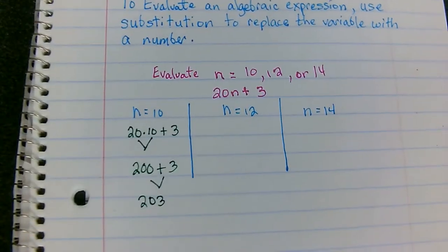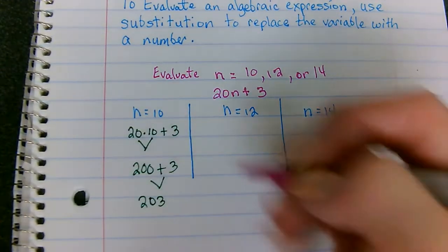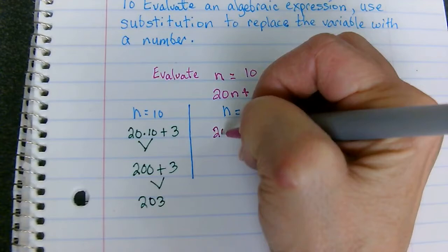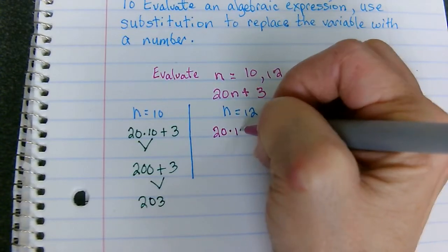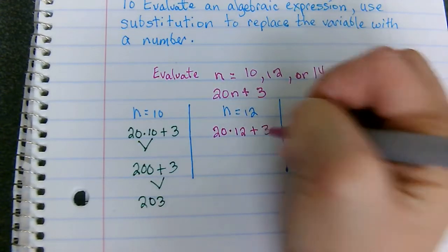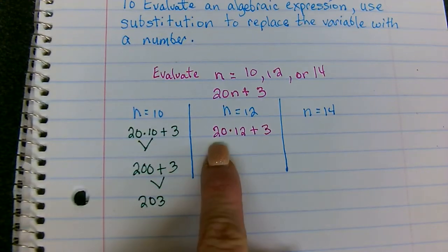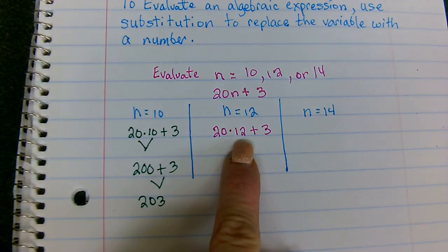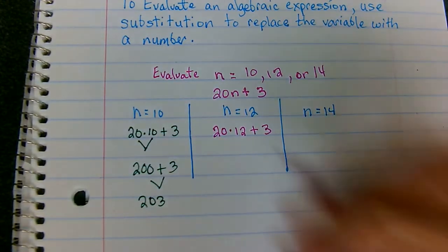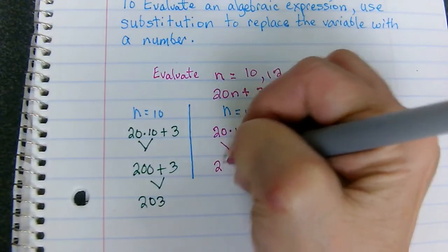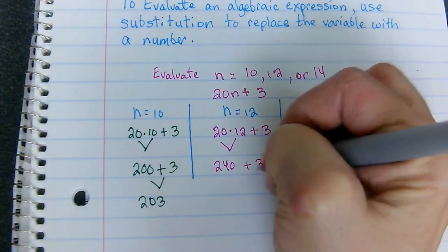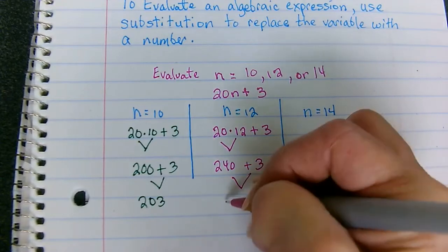Okay? Let's look at the next one. 20 times 12 plus 3. Well, 2 times 12 is 24, and we put a 0 on the end of it, so that's 240 plus 3, and that is 243.